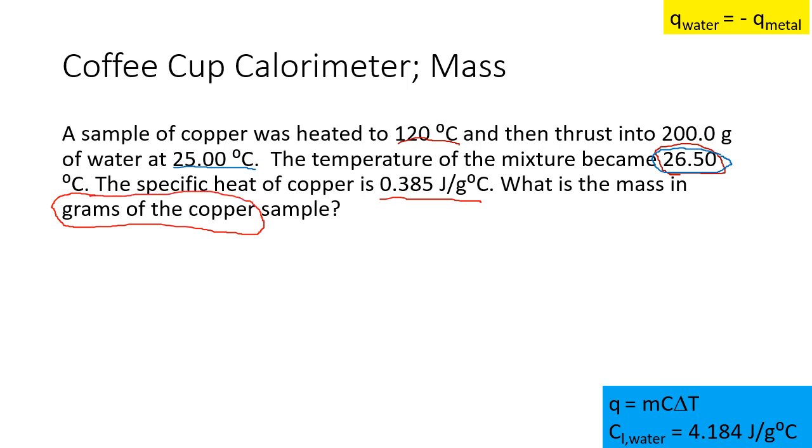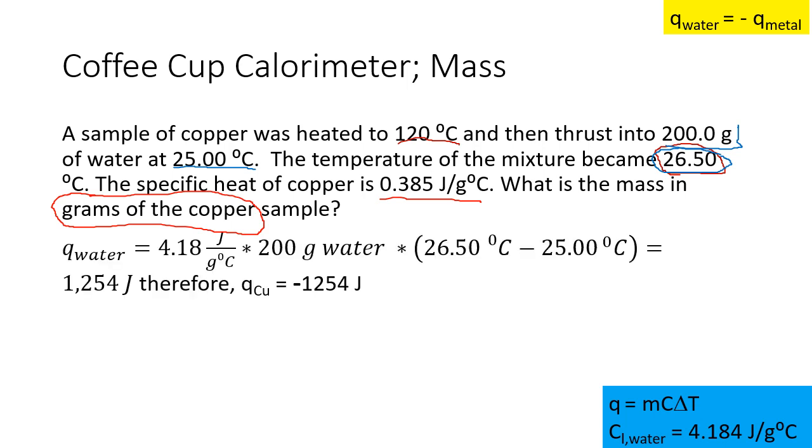All right, so we've collected all of our information. We know the heat capacity of water because, again, 4.184 joules per gram degree Celsius. And so we just go ahead and we plug things in. And also, we have mass of water. All right. So we put all of that in there.